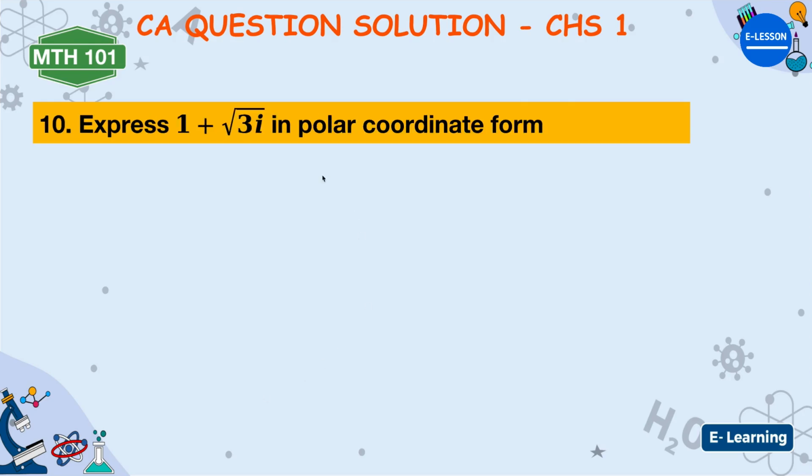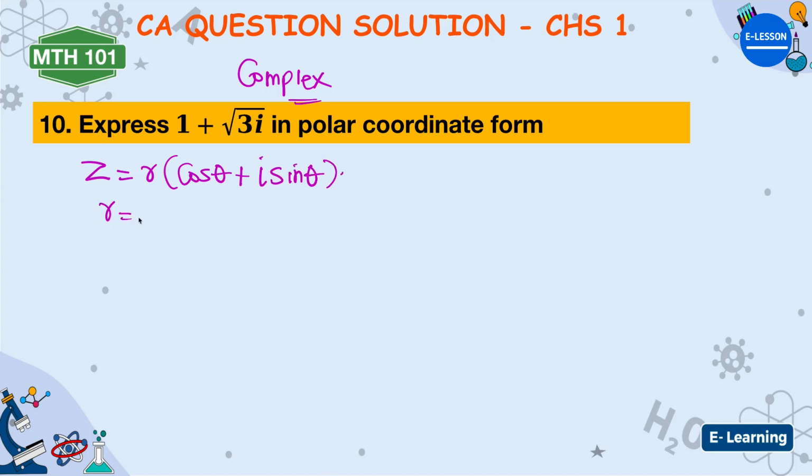A very simple question. Now, we have another question here that says, express this in polar form. Now, this is under complex numbers. I believe you've not been taught complex numbers at the time you are taking this lecture, but let me just give you a little idea. The polar form of a complex number is given by z equals r bracket cos theta plus i sine theta, where r is the modulus or the magnitude of the complex number.